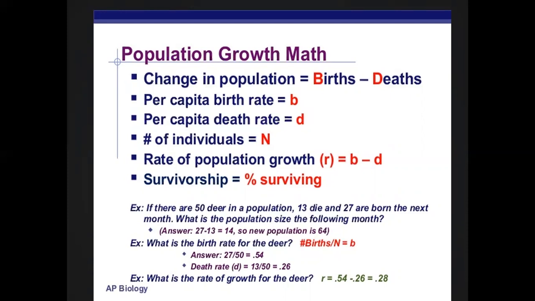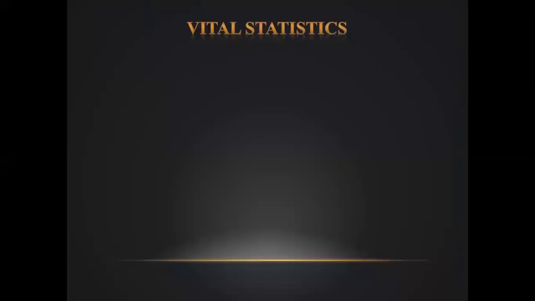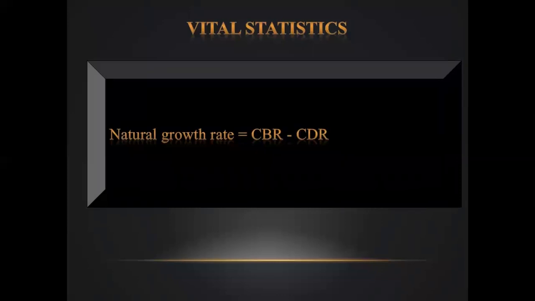So the rate of population growth equals B minus D. So the natural growth rate equals crude birth rate minus crude death rate. Then any question?